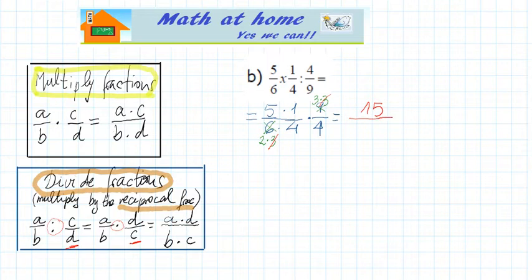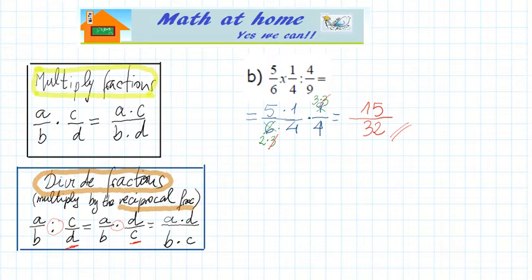And 2 times 4 times 4 equals 32. Okay? What we have done is to multiply 5 times 3 and 2 times 4 times 4. 2 times 4, 8 times 4, 32. And now you have to simplify this fraction. Is it possible to simplify the fraction? No, it is not. Then the solution is done.